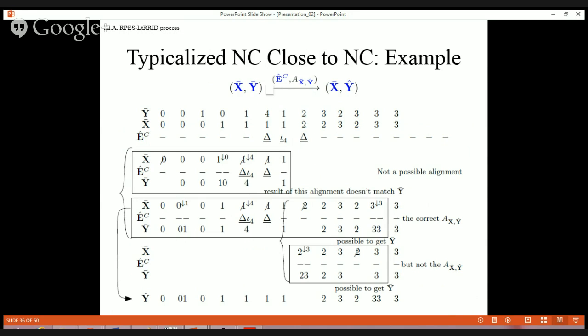But we can show that by trying to align X, Y, and E complement, we will figure out the wrong alignment when the result doesn't give Y. So here is an example.